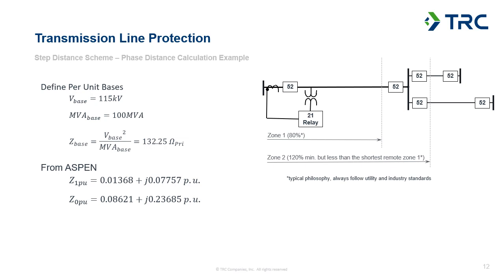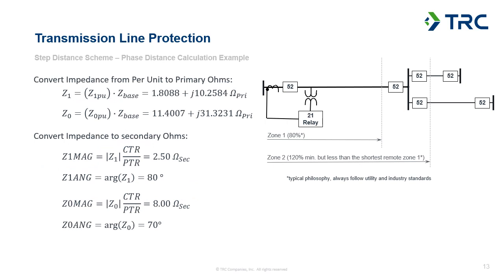And we can use that Z base to take the per unit impedance from Aspen and convert it into a value in ohms that we can use for our calculations, because the relays are typically going to be set based on secondary ohms. So we'll take the per unit value and turn it into primary ohms, and then we can use the CT and PT ratios to turn that into the secondary ohms that we'll be using to set our relay element.